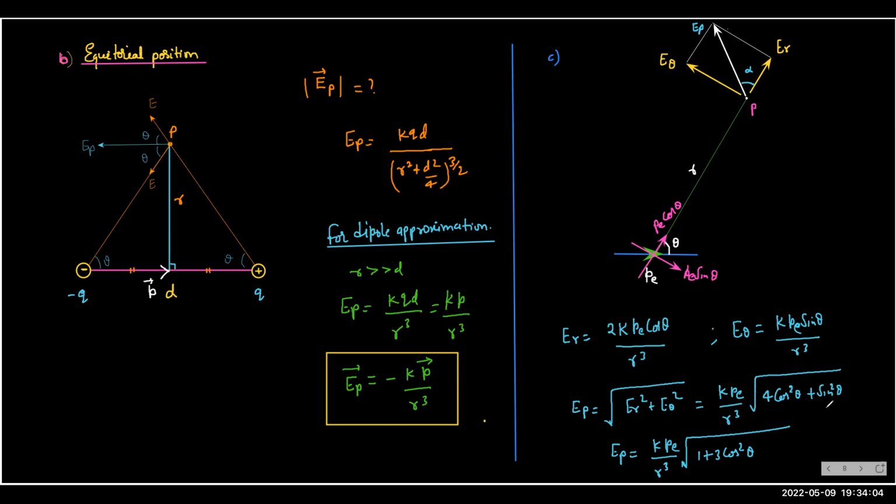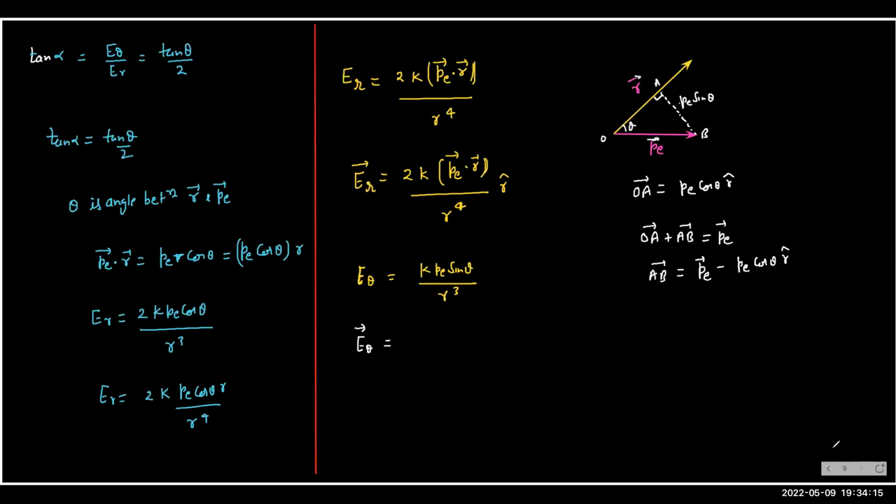So E theta vector will be minus kp, and the direction is also very unique. So we got the direction. This direction is minus BA. So BA vector will be p cos theta r cap minus p.